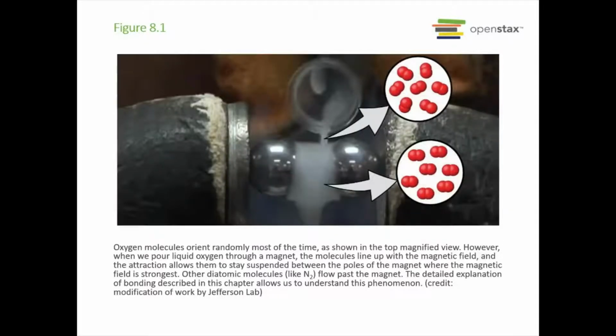So we're going to talk a little later in this chapter about how oxygen gas, when exposed to a magnetic field, actually lines up with the magnetic field instead of just not even interacting with it.